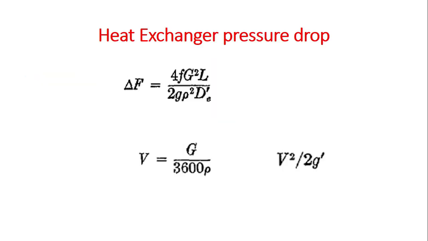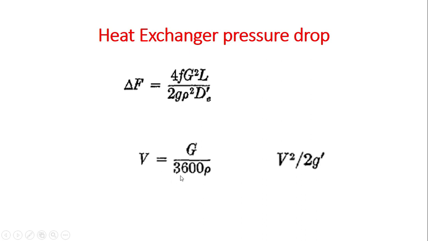And finally, this is the Fanning friction equation that will be used for the determination of the pressure drop, and this is the formula that is used for the determination of the velocity, and this is the mass velocity divided by 3600, the conversion factor, multiplied by its density.